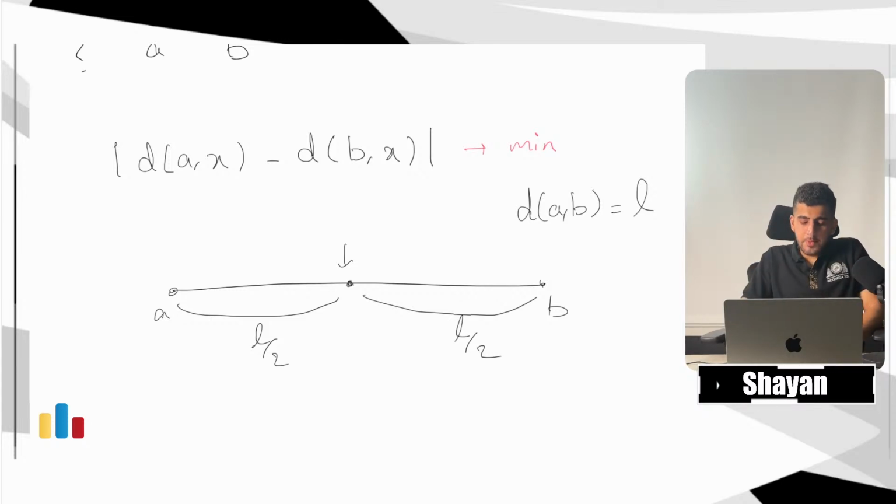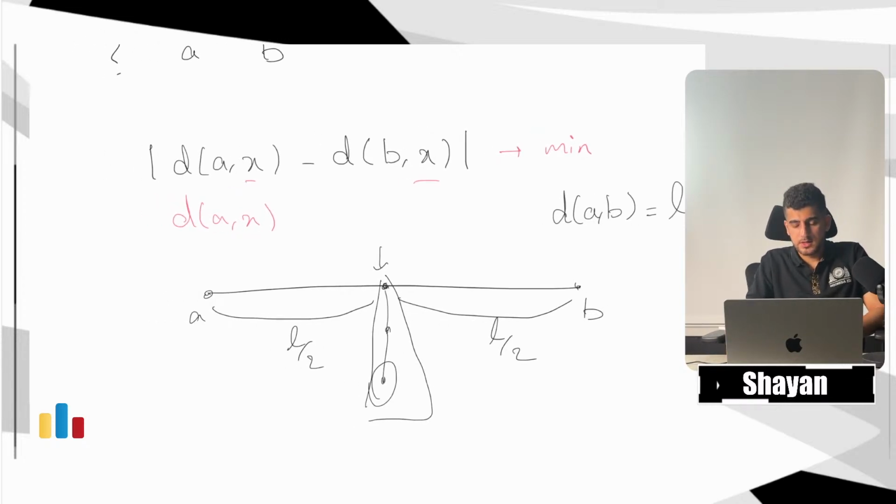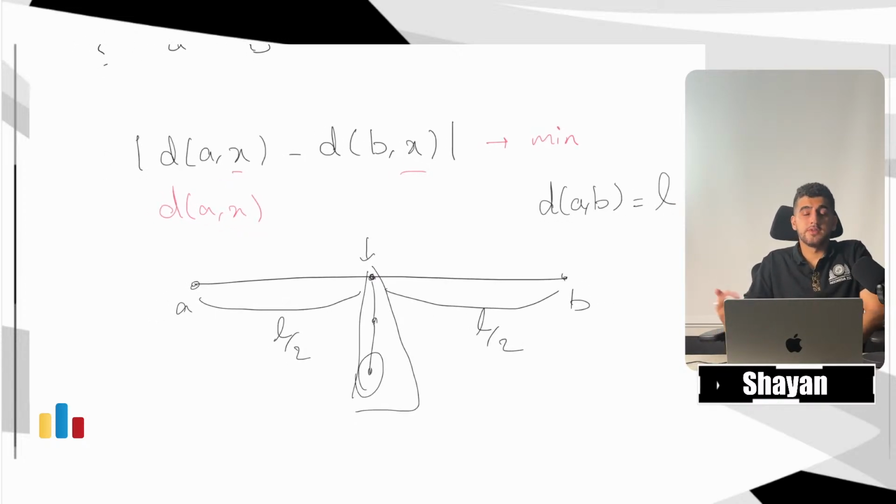Now we know that among all such x's, Mitsuki will choose the x that minimizes d of A and x. So the point is that not only this node is going to have the minimum absolute difference between distances from A and B, but also the nodes in the subtree of it. If a node is here, for example, the distance between this vertex and A is the same as the distance between this vertex and B. And if L is odd, its difference will be 1 too.